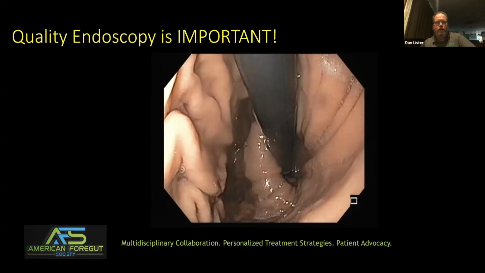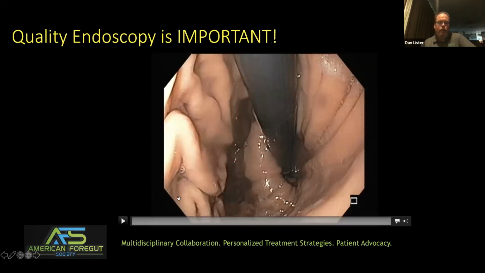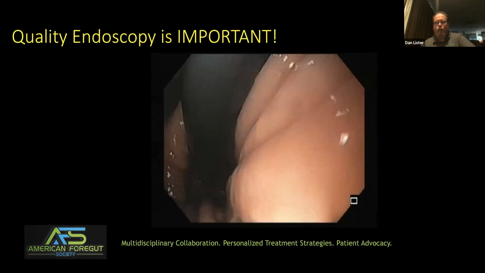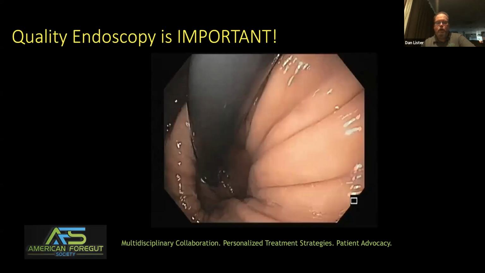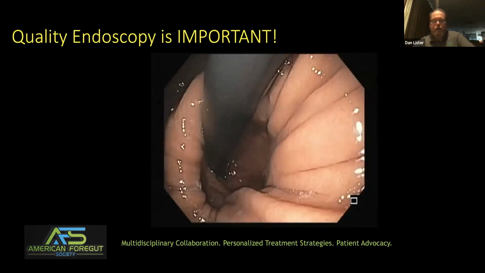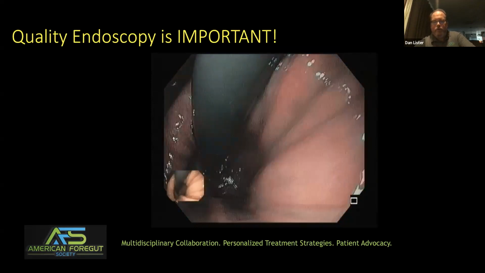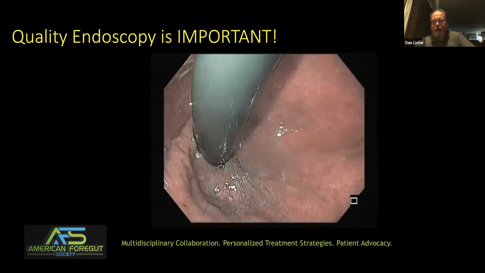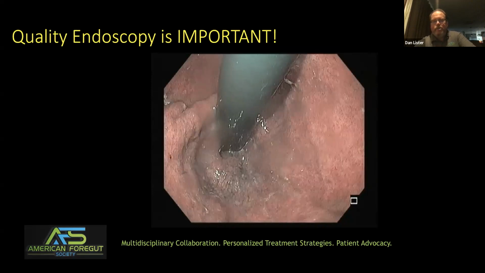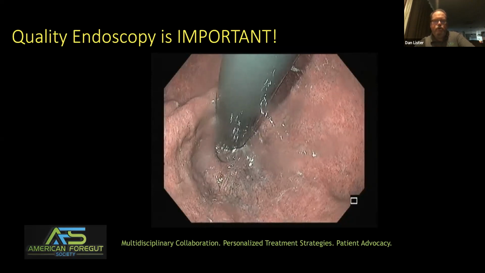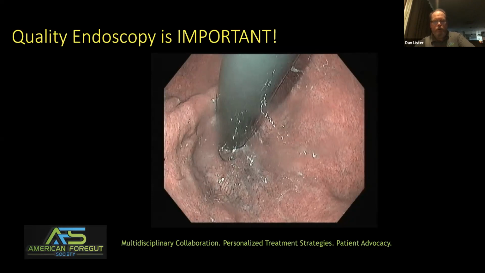Probably the first thing that I want to point out is that a quality endoscopy is important. You really need to spend a lot of time retroflexed and looking. This patient obviously has about a 7 by 5 centimeter hiatal hernia in transverse dimensions with about a 4 centimeter axial height. As surgeons, we feel that it's very important for the GIs to say that in the report.